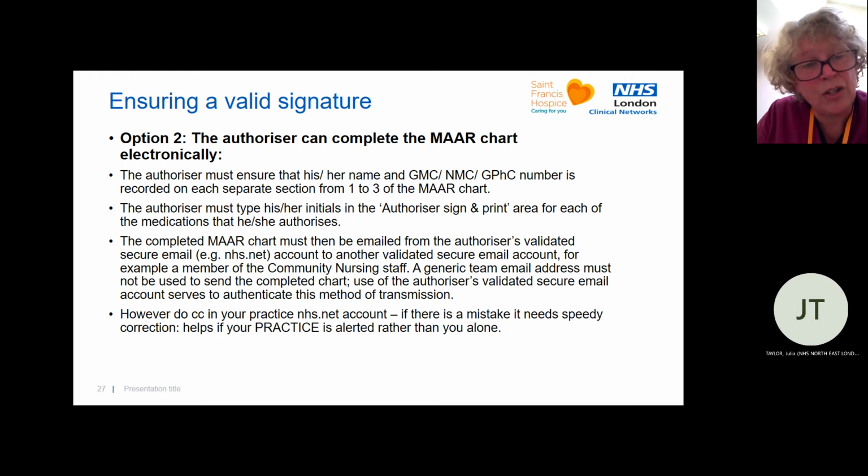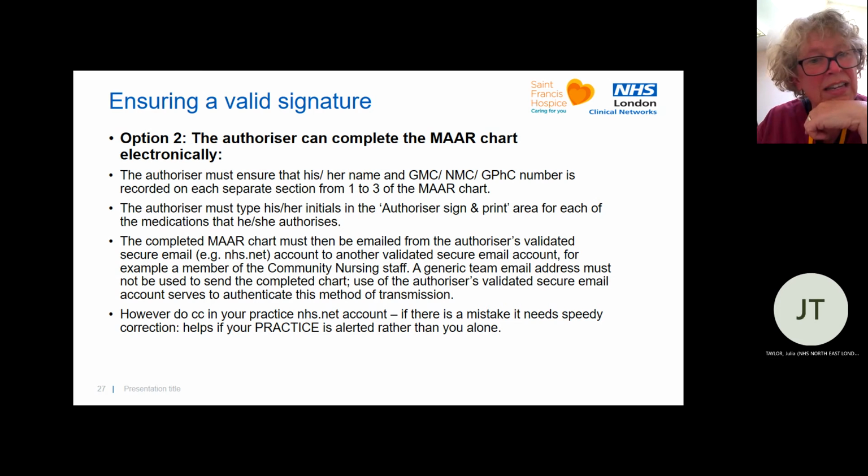You can also now do an electronic signature. The only difference is that you're normally completing the MAAR chart from your base on a computer. You simply need to make sure that you write your name and your GMC, NMC or GPHC number in the top right hand, and also just to print and date on against each drug that you've authorised. And that is it.